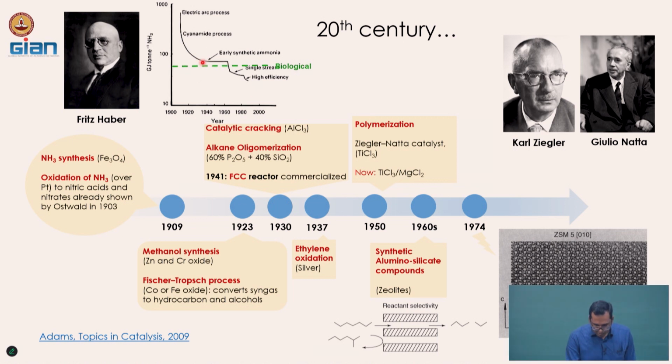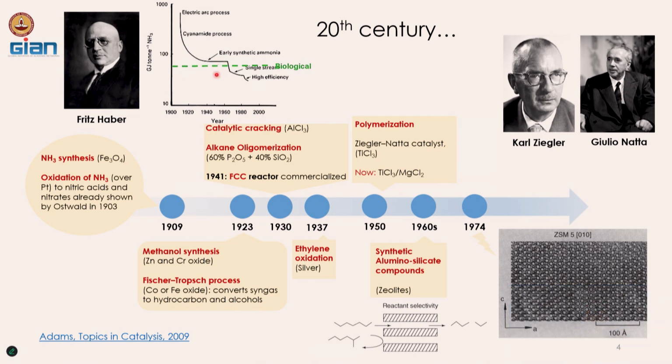But then during the 1920s, 30s and 40s, which was the early stage of ammonia synthesis, the energy requirement came down a lot, and with evolving catalysts over the past 100 years, we now have much less energy requirement because of the high efficiency of the catalyst. But still, ammonia production is one of the most energy intensive processes in the catalysis community at present.